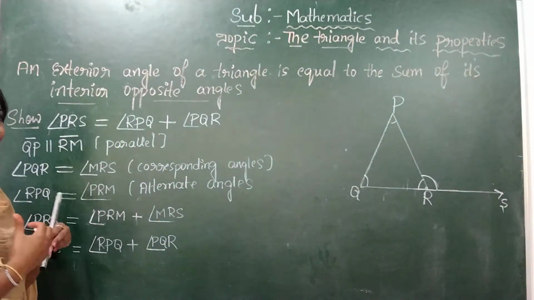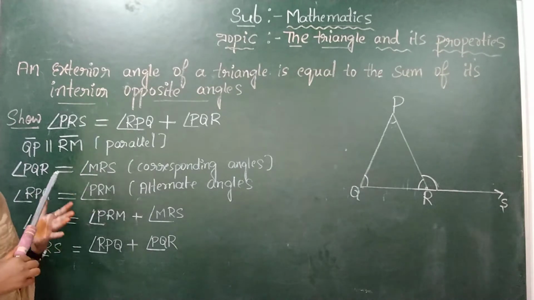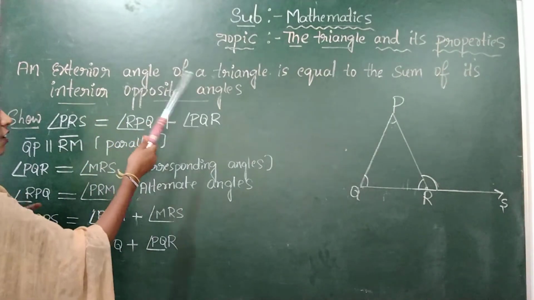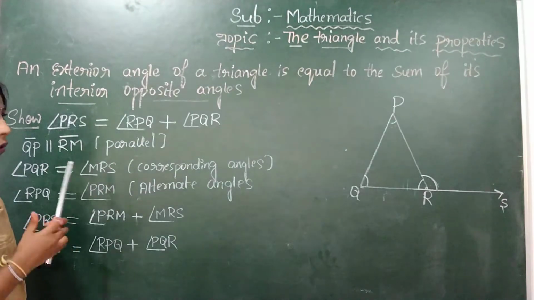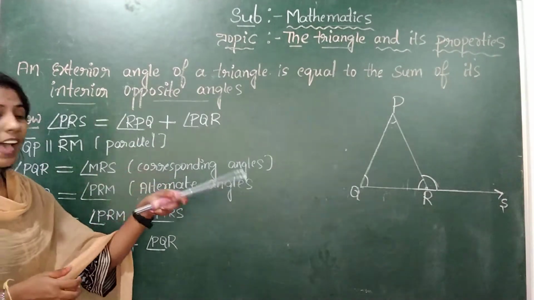So what is this property telling us? The property says that the exterior angle of the triangle is equal to the sum of its interior opposite angles.